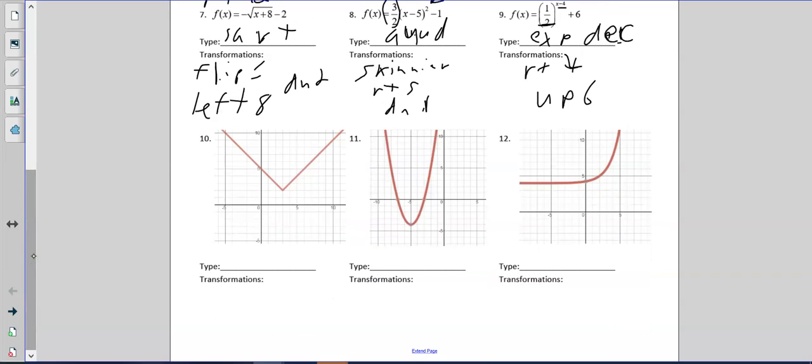All right, this is obviously absolute value. And from 0, 0, it has gone right 1, 2, 3, and up 1, 2. This one is a quadratic, a parabola. From 0, 0, we've gone left 5 and down 4.